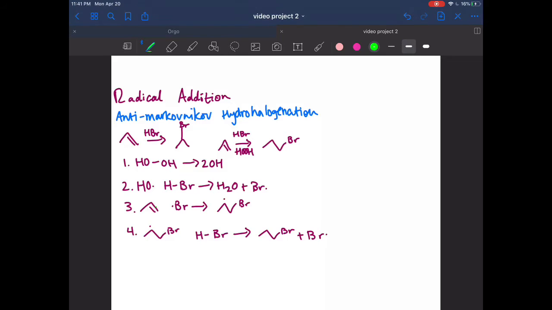In this radical reaction example, you can see that we have the different steps required for a radical reaction. Step 1 is our initiation portion, and steps 2 through 4 are propagation.